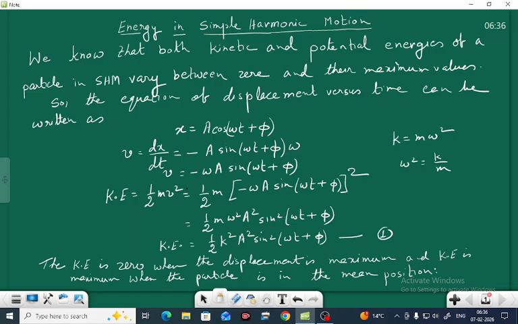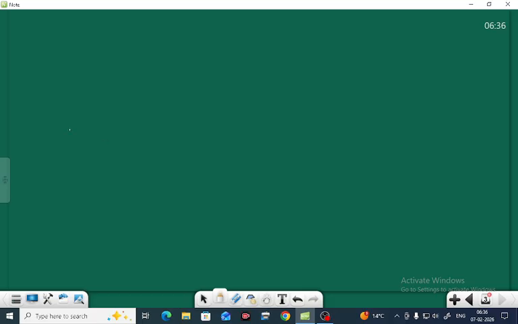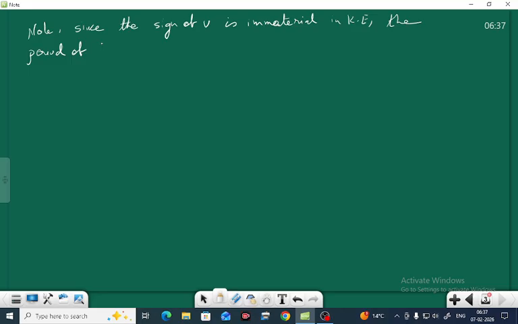You have to remember that since the sign of velocity is immaterial in kinetic energy, the period of kinetic energy is T by 2.